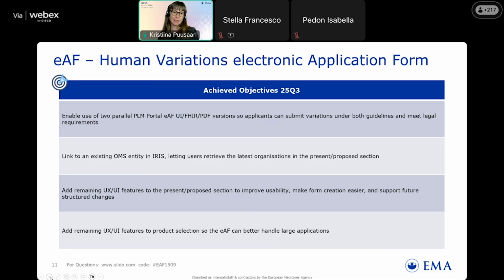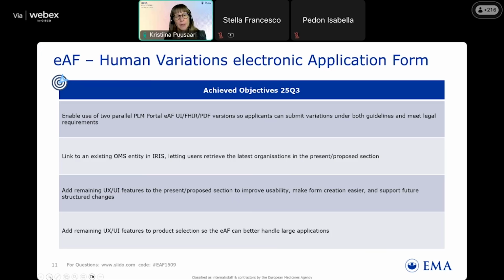So in some cases, we have been forced to ask you to use the interactive PDF because of this issue. Now we have fixed it in the present and proposed section, and in the coming quarter, we are hoping to expand this workaround solution into other sections of the form, so that there will be fewer incidents where we would have to ask you to use the interactive PDF eAF.